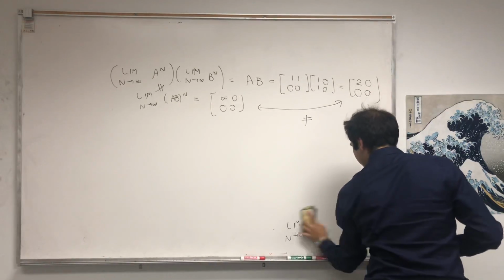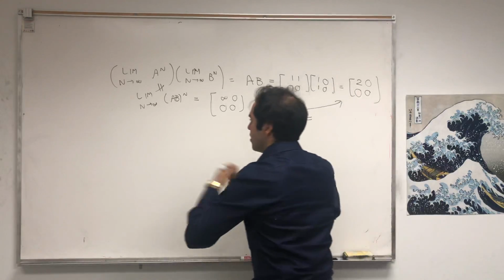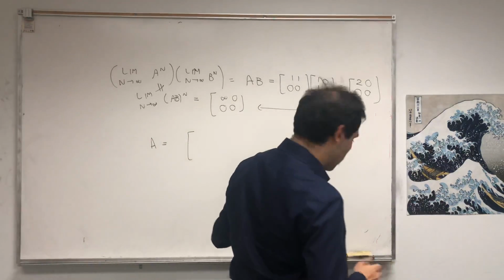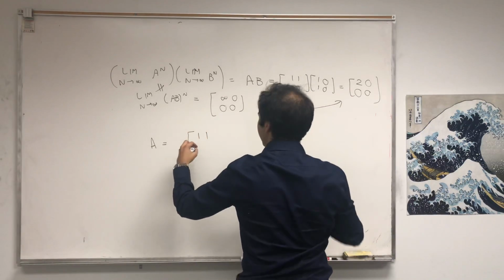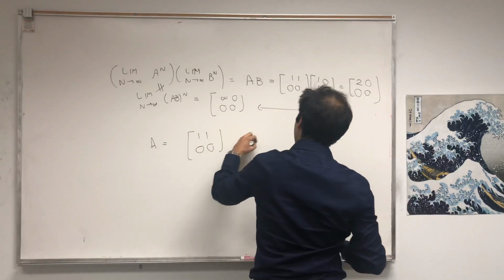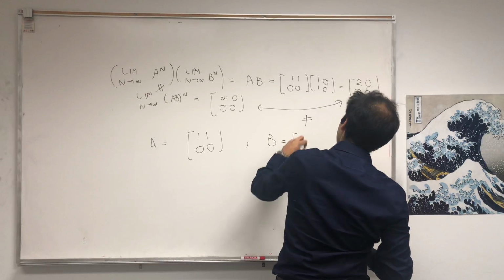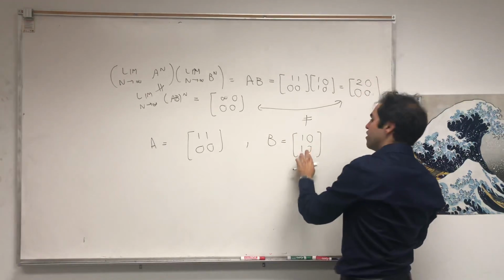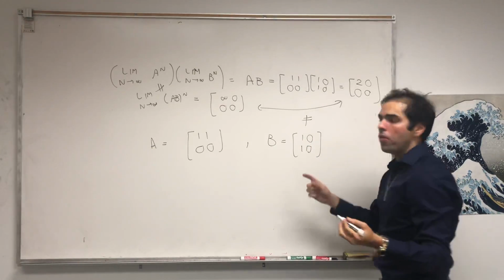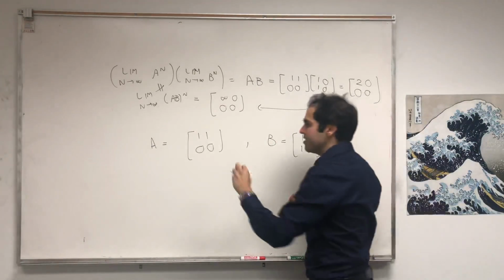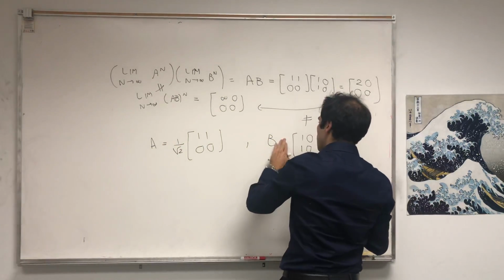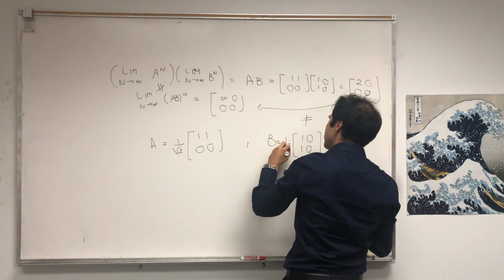Again, remember A was 1, 1, 0, 0 and B is 1, 0, 1, 0. Suppose you don't like the fact that you have infinity. No problem. Just redefine these by adding an extra factor of 1 over square root of 2. And there's a reason why I use it this way.